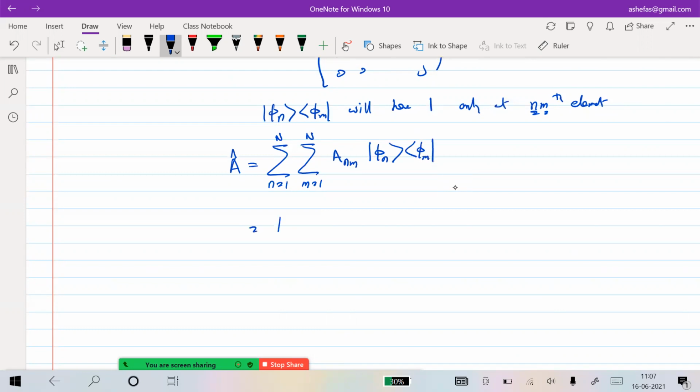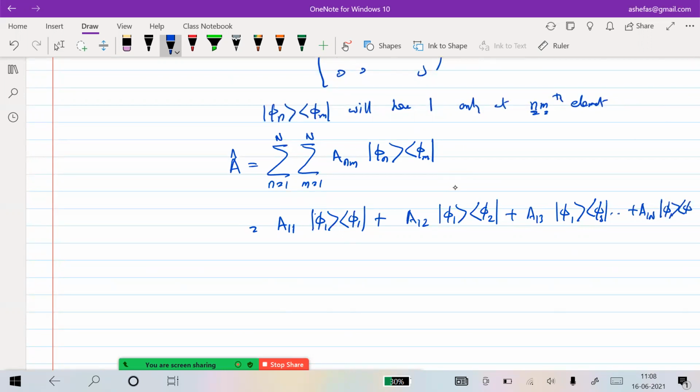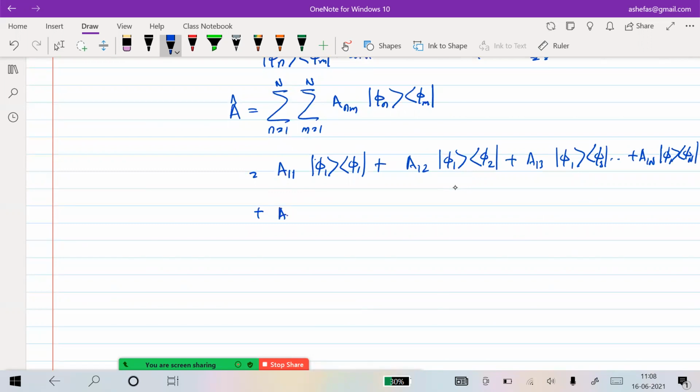So that means you will have summation A11 outer product phi 1 phi 1 plus A12 the outer product phi 1 phi 2 plus A13 the outer product phi 1 phi 3 etc. A1n the outer product phi 1 phi n plus A21 the outer product phi 2 phi 1, A22 the outer product phi 2 phi 2 etc. A2n the outer product phi 2 phi n.